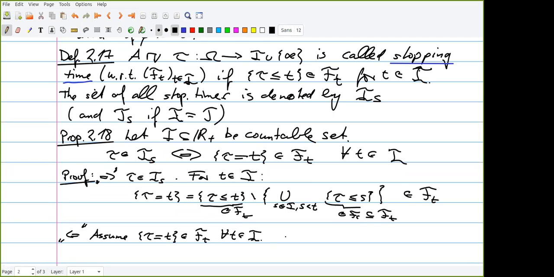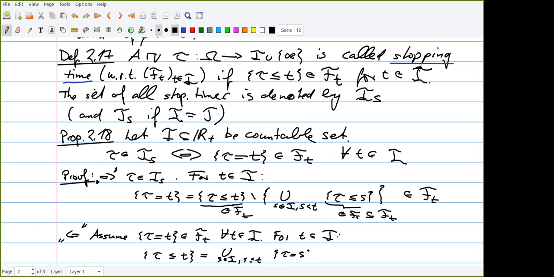Again, we want to verify the defining property of a stopping time. So let's take t in I, and we want to show that tau less than or equal to t is in Ft. This is nothing else than the union over all s in I which are less than or equal to t of the event that tau is equal to s.